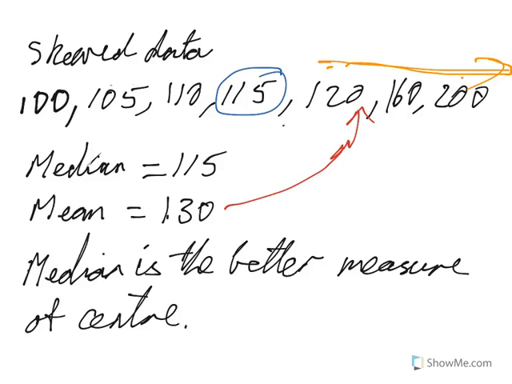Now, outliers, and I also mentioned about outliers. So let's have a look at some data with some outliers. So here we start with the number 300, and then we jump all the way up to 670.